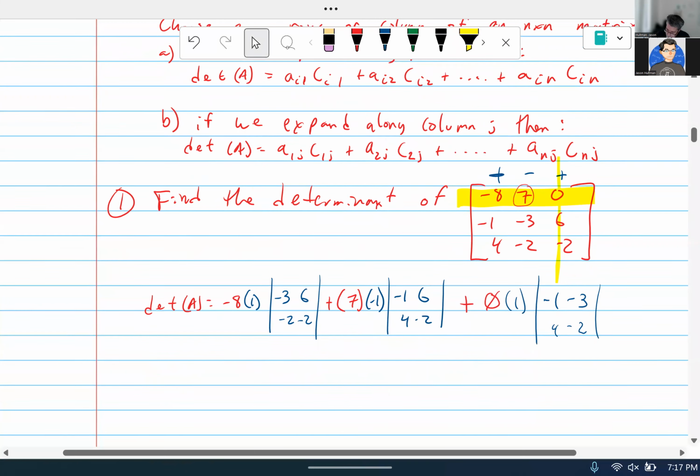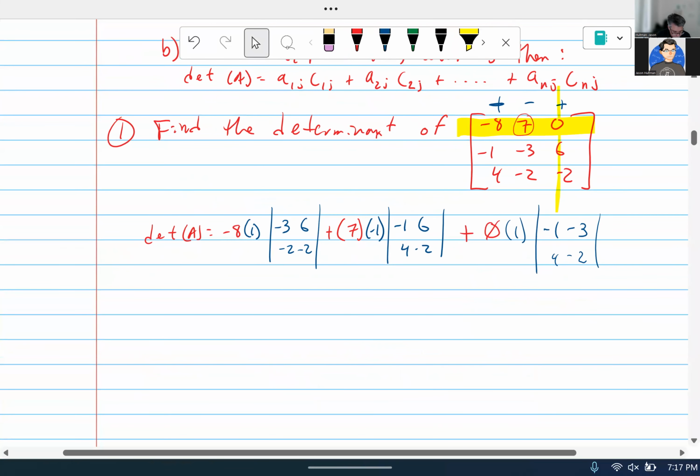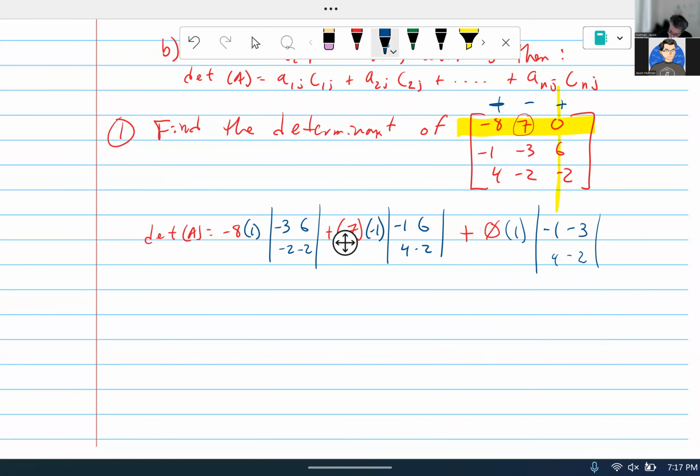Okay, let's clean this up a little bit. This is going to become -8 times 1, which is just -8. And then the determinant of this is going to be -3 times -2 minus, it's always subtraction, minus -2 times 6.